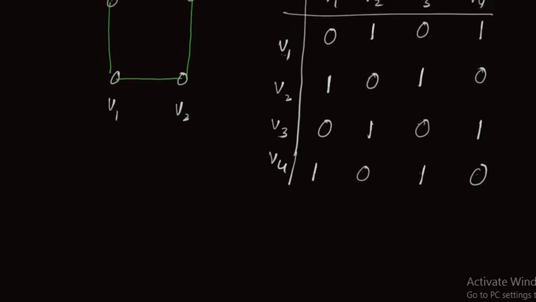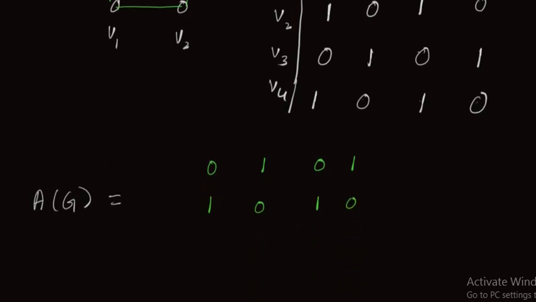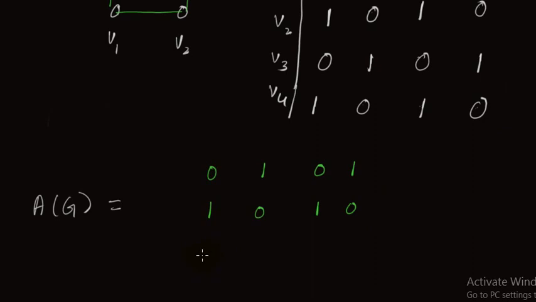Now the adjacency matrix AG for the graph consists of the values 0, 1, 0, 1 as the first row, 1, 0, 1, 0 as our second row, 0, 1, 0, 1 as the third row, and the last row is 1, 0, 1, 0.